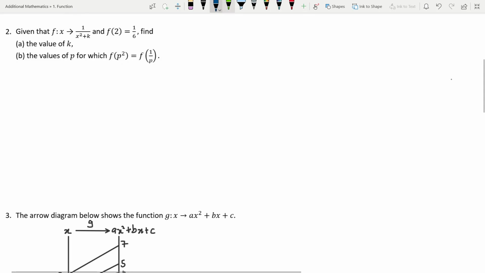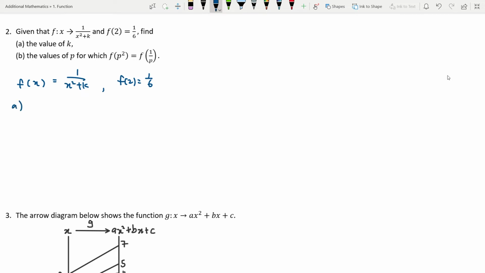Question 2. Given that function f such that x is converted into 1 over x squared plus k and f of 2 equals 1 over 6. We have two pieces of information, f of x equals 1 over x squared plus k and also f of 2 equals 1 over 6. Find the value of k.